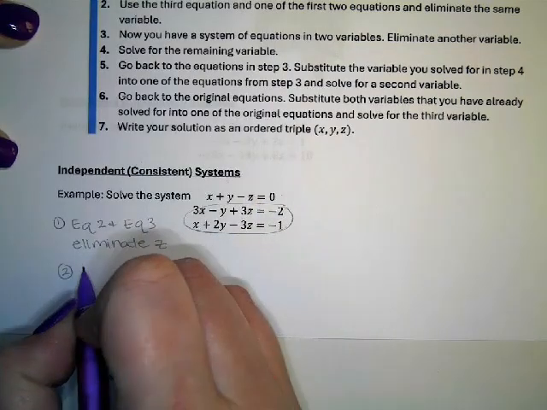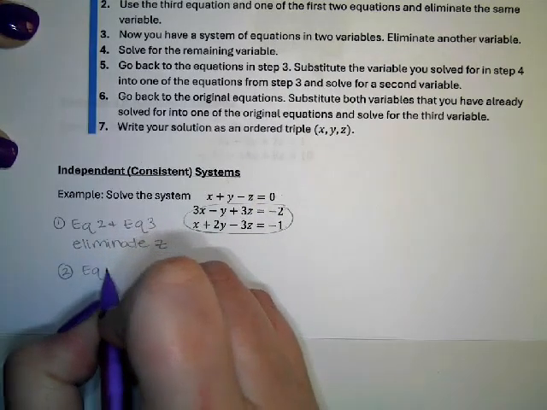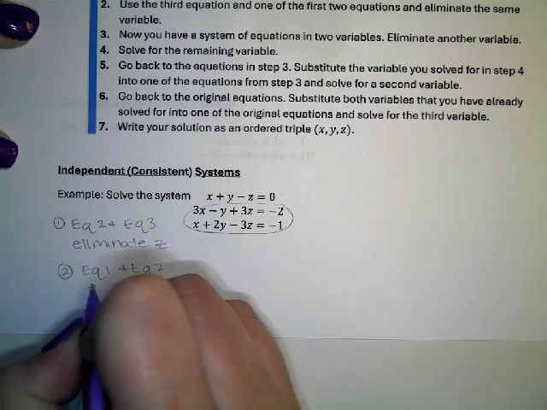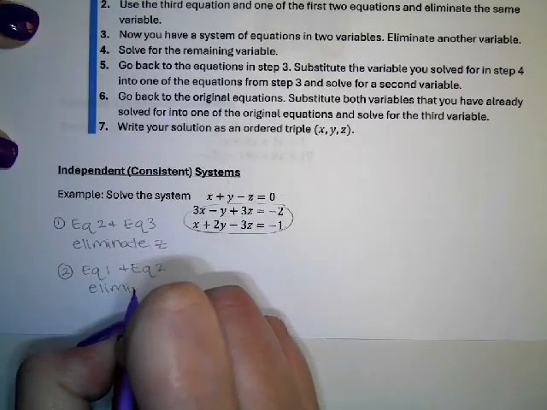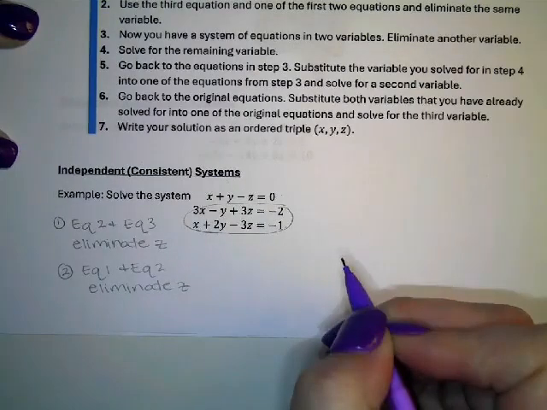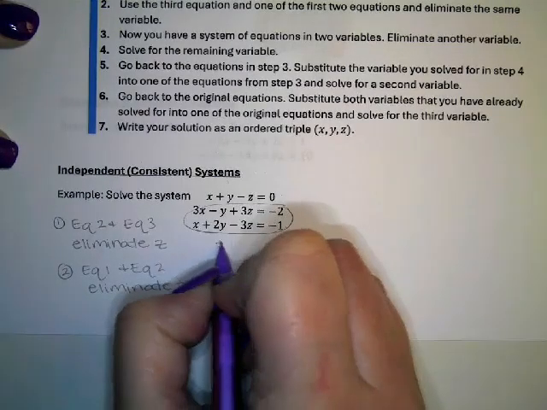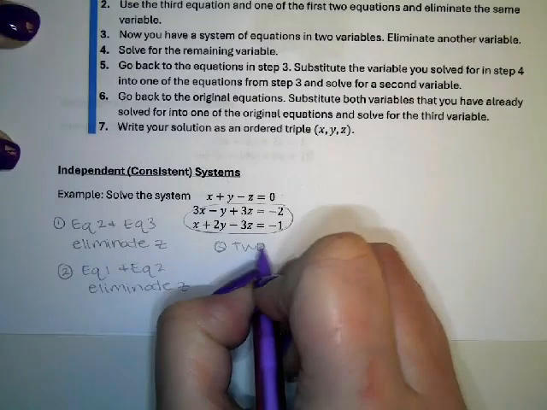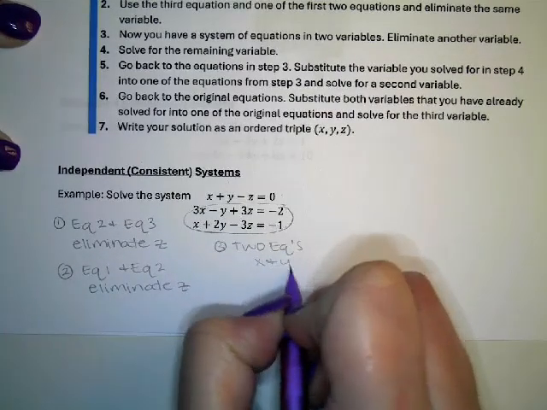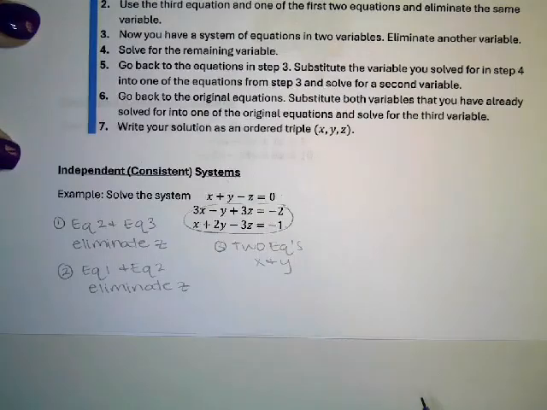So that's going to be my second step: equation 1 and equation 2, and again I'm going to eliminate z. When I'm done with that step, I'm going to have two equations in terms of x and y.